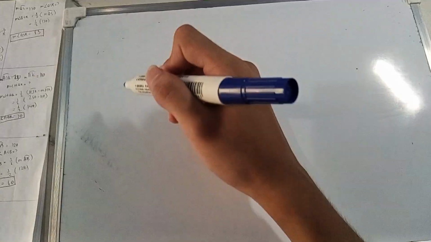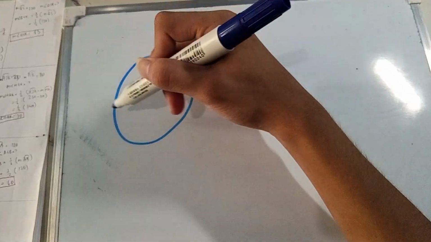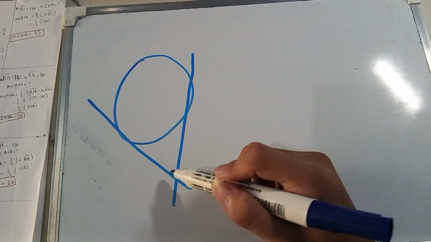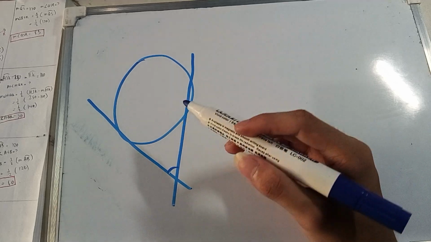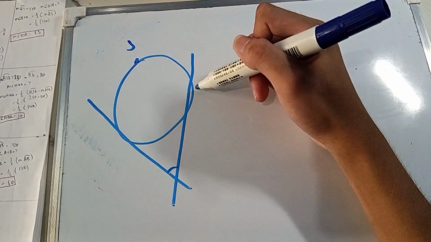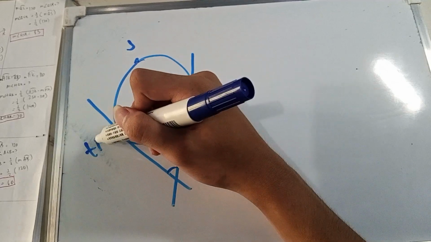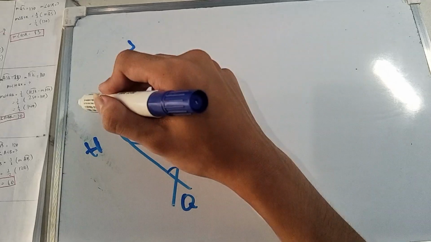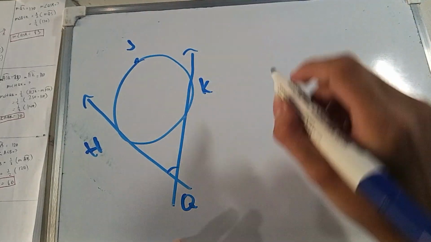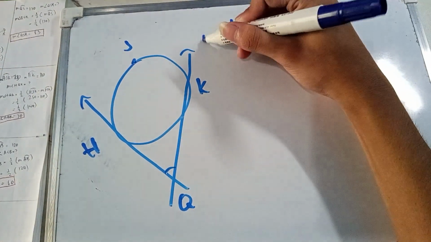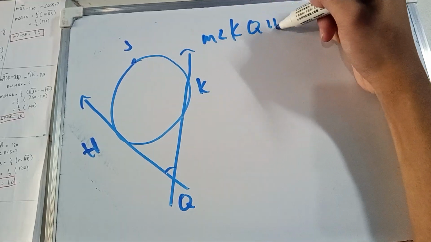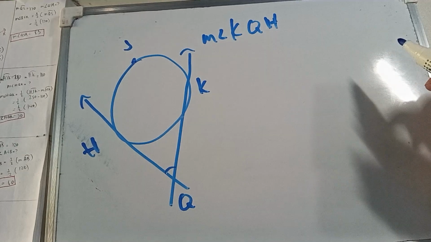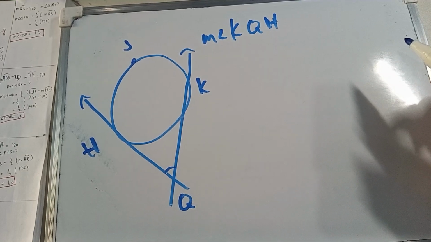Let's say we have a circle here and two tangents intersecting outside the circle. This is point H, this is K, this is J, this is Q. So how do we find the measure of angle KQH? This is the same concept as the theorem before.